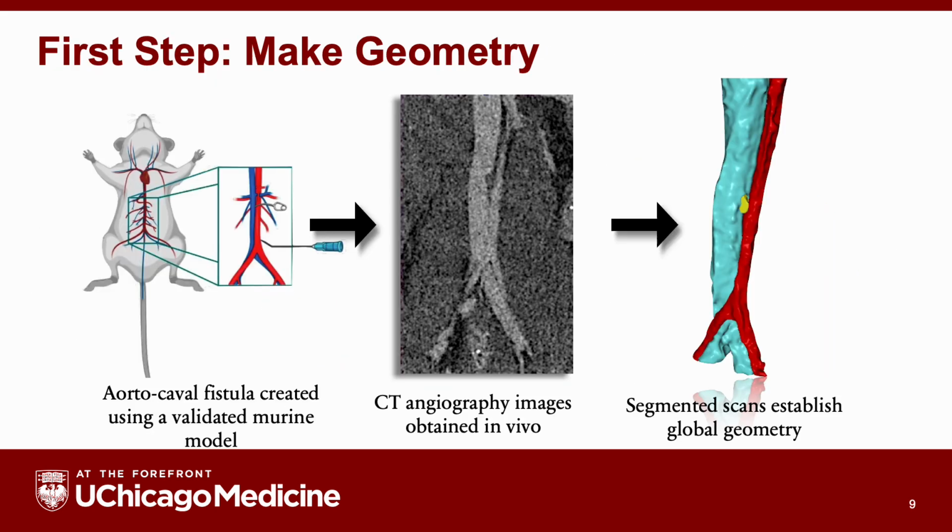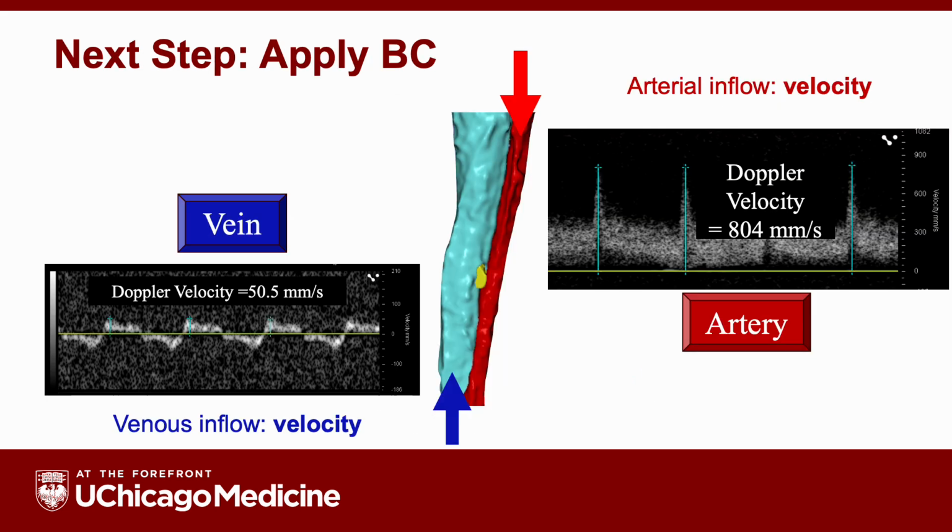In order to develop our CFD model, we need to construct highly accurate AVF geometries. Here we build a global geometry by using CT image of in vivo aorta cava fistula in murine model. As shown here, the vein in blue, artery in red, and the fistula connection in yellow are segmented with high precision to establish the AVF model.